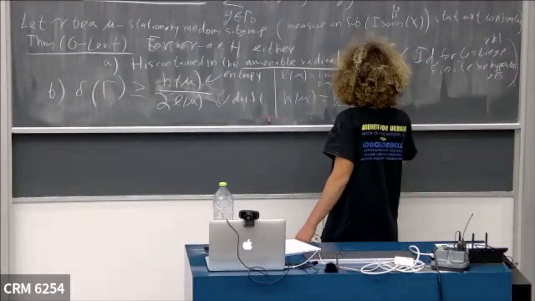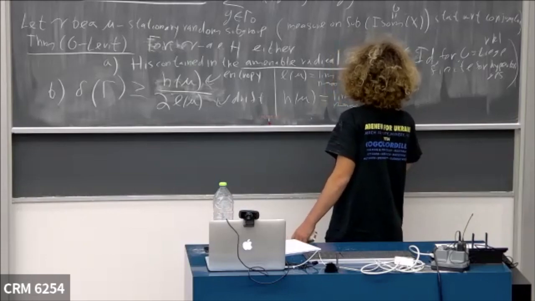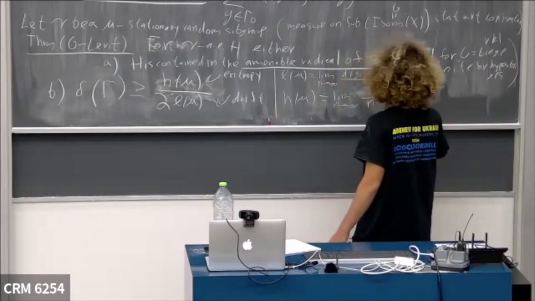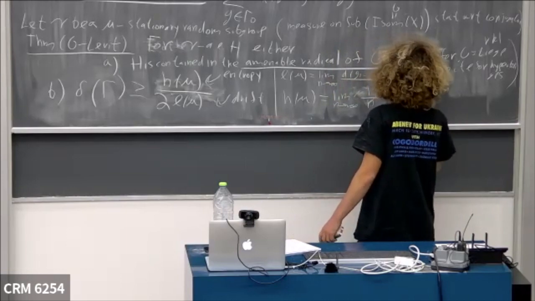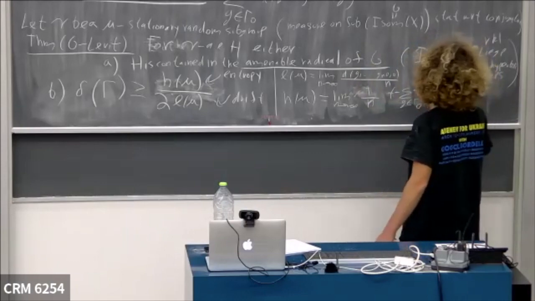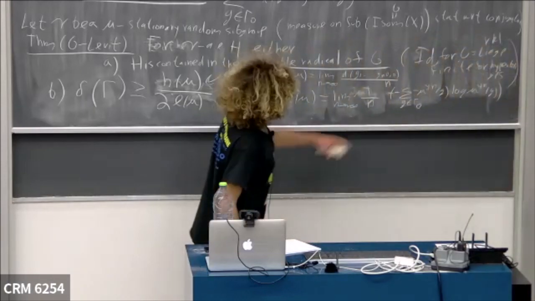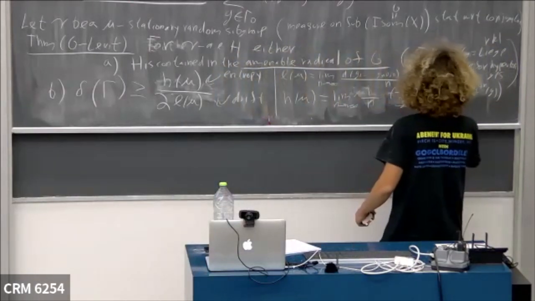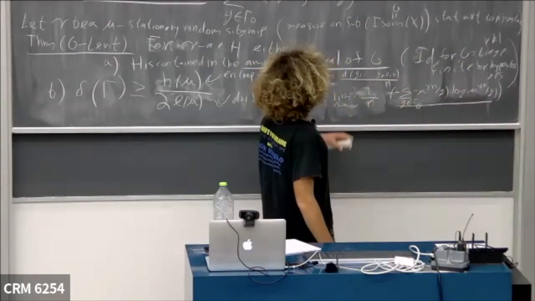So this is again 1 over n times minus the sum over G of mu^n(g) log mu^n(g). So this is literally the information theoretic entropy of the nth convolution of mu.